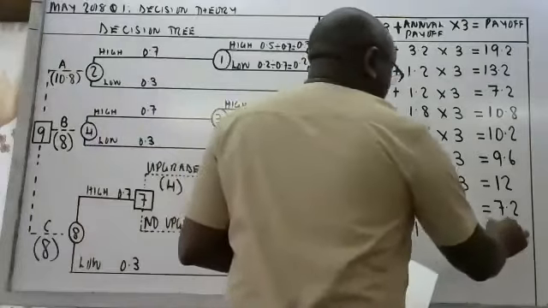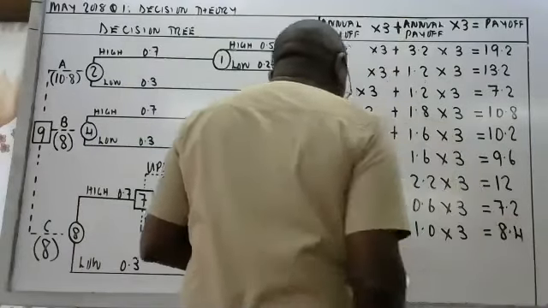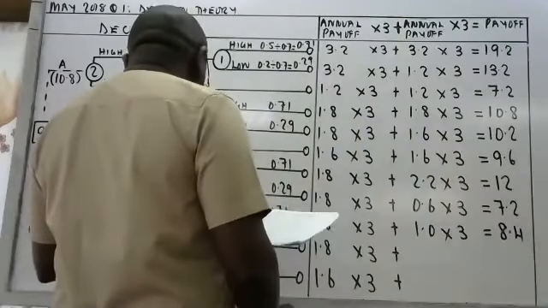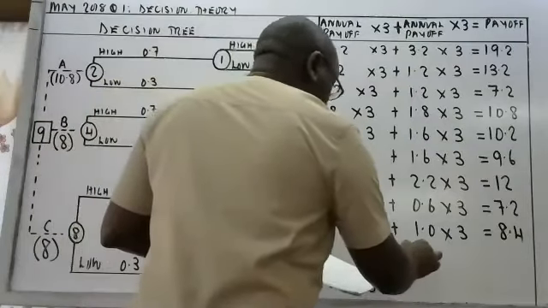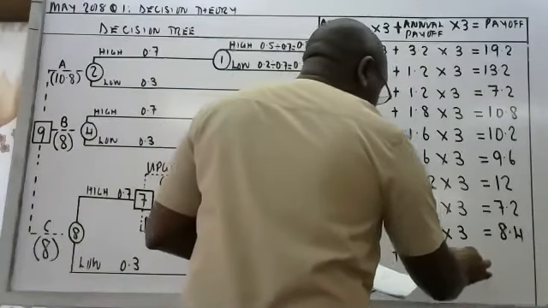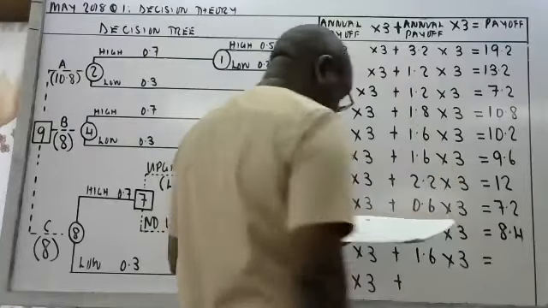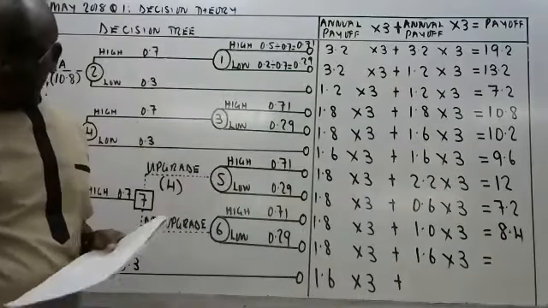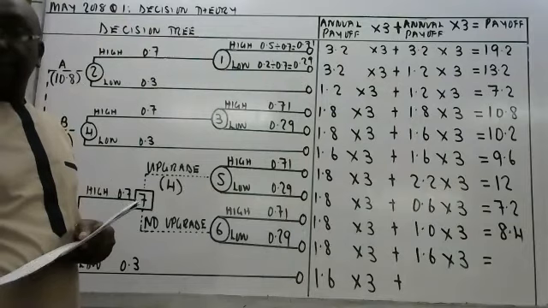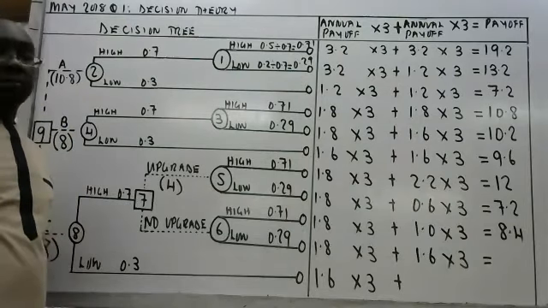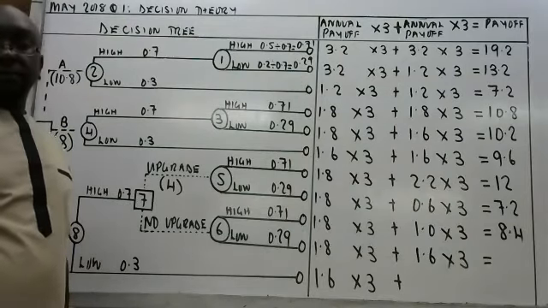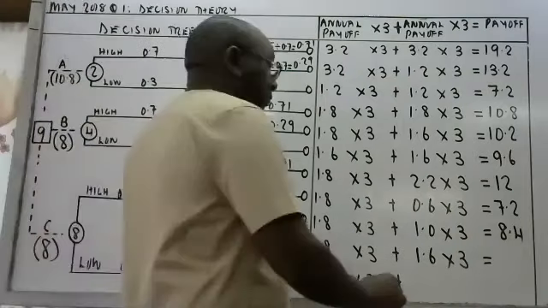Yeah, 8.4. And if you have not upgraded and it is low, you will make 1.6 for 3 years. That is 10.2.